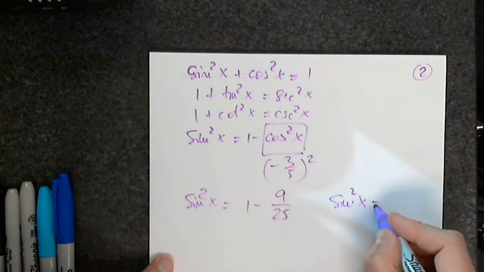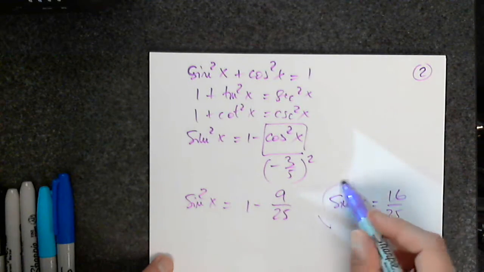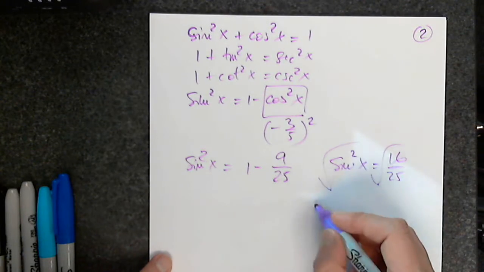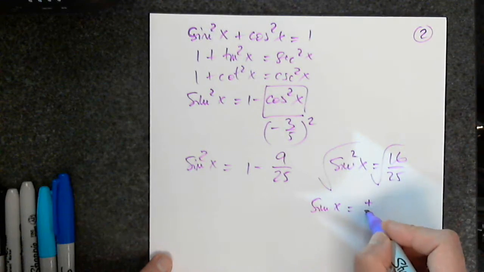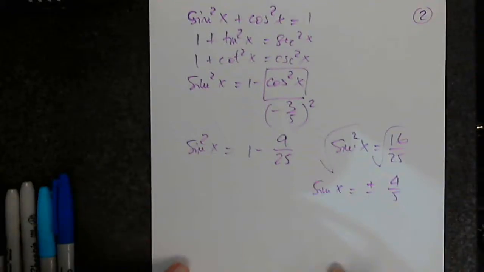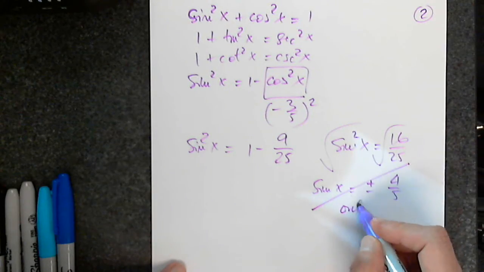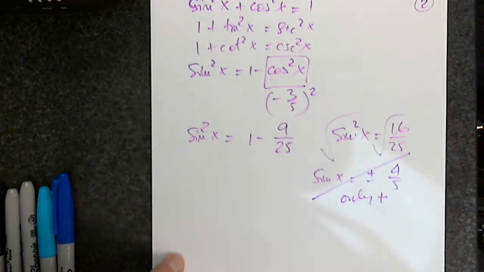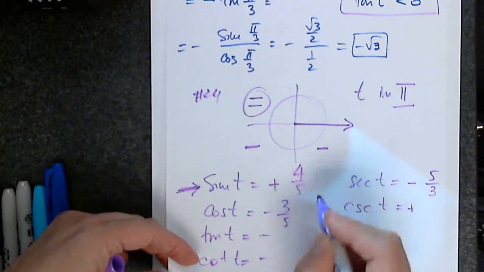So sine squared x equals 16 over 25. And when I take the square root, I should write that sine x equals plus or minus 4/5, but I will say only positive. So I go back to my list, and I will put sine is 4/5.